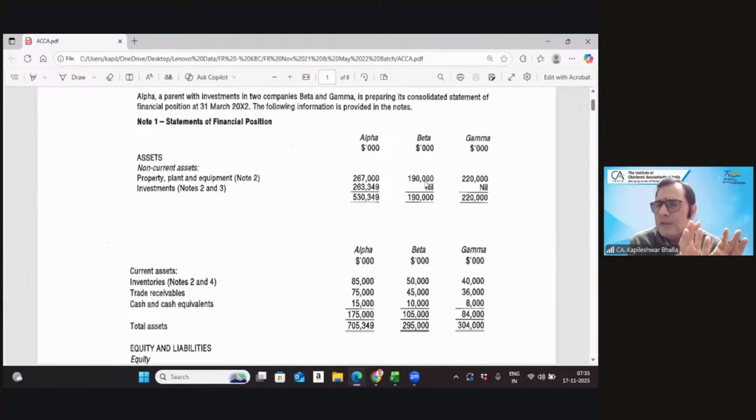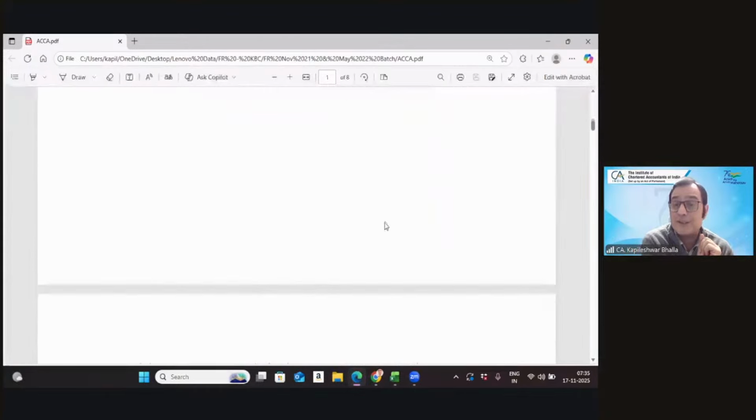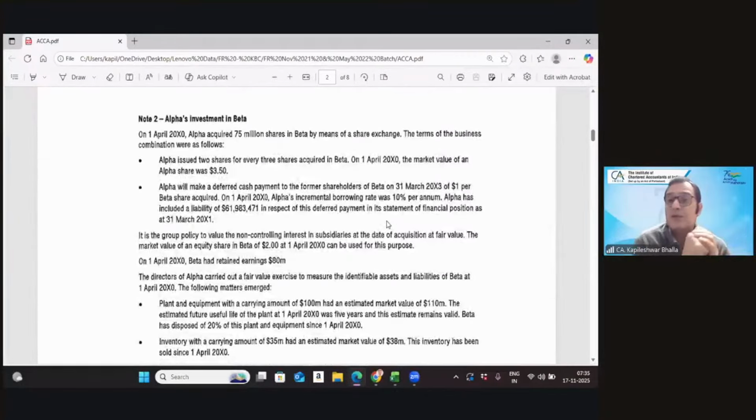So at the moment, I'm not looking at the items where the notes are given. We can scroll down and start reading the notes. You can, of course, make a guess that this is going to contain 2 kinds of investment. One is an investment in the subsidiary and one is the investment in the associate.